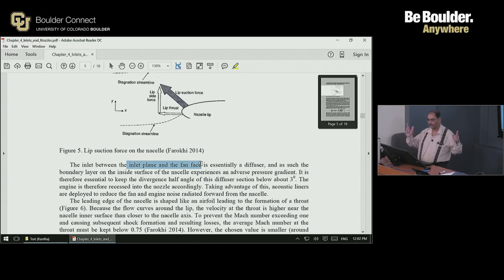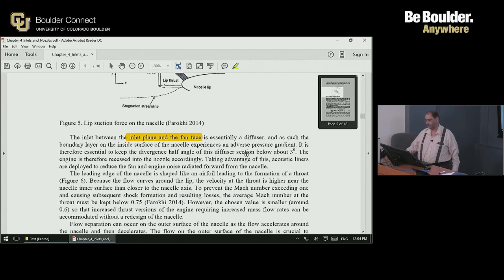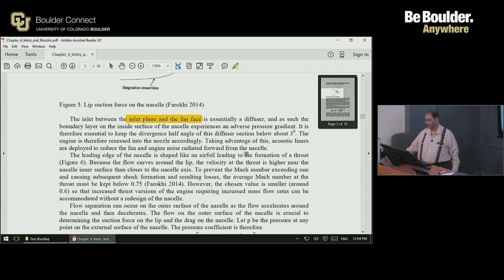So the length of that inlet section between the lip and the fan face has to be appropriately chosen. And of course, that section can be used for acoustic liners and heaters to de-ice the nacelle.